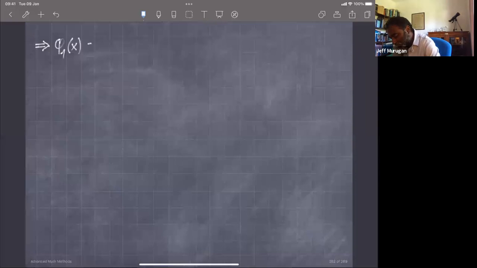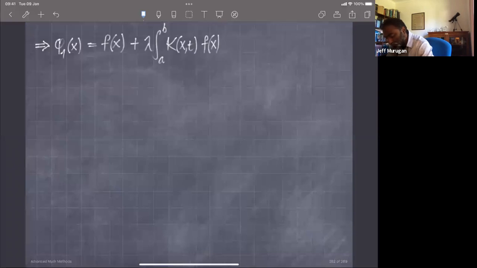And phi 1 of x is then going to be f of x plus lambda times the integral from a to b of this kernel k of x and t, times the first guess that I made. The first guess that I made was f of x, which means that when I substitute here, I've got to replace this with f of t.